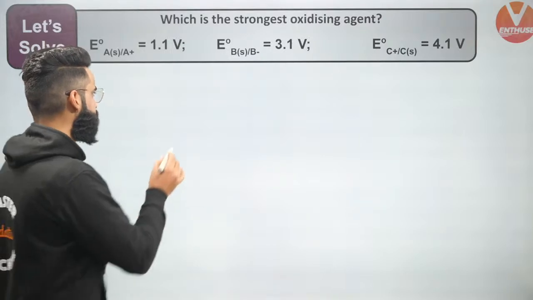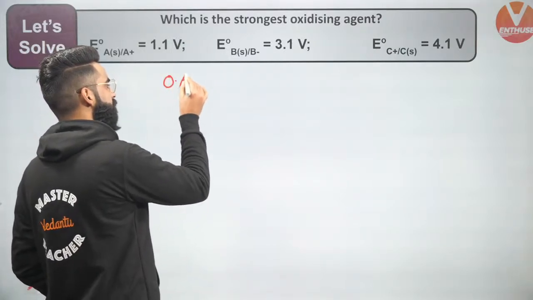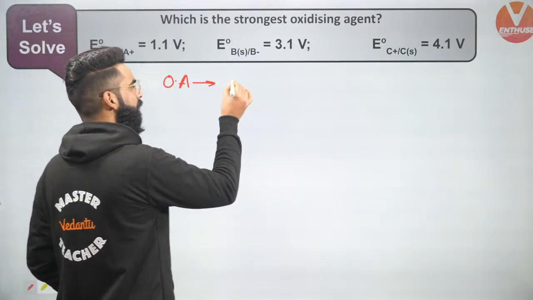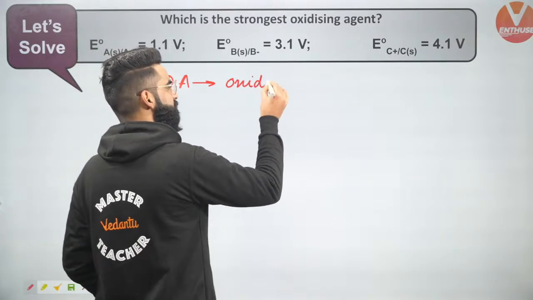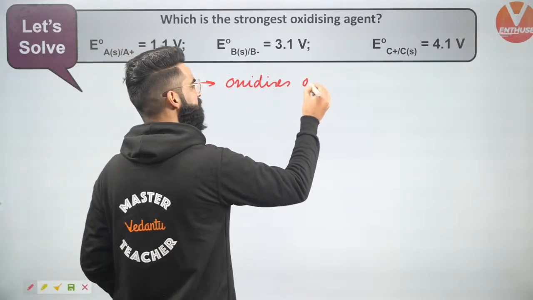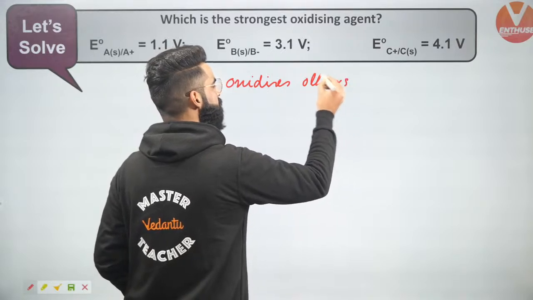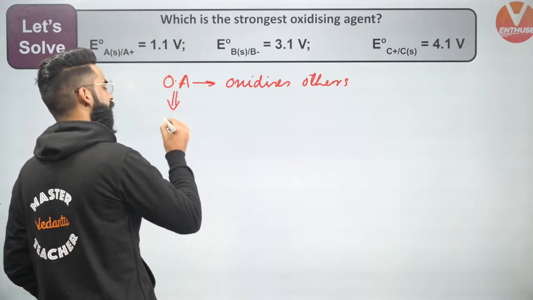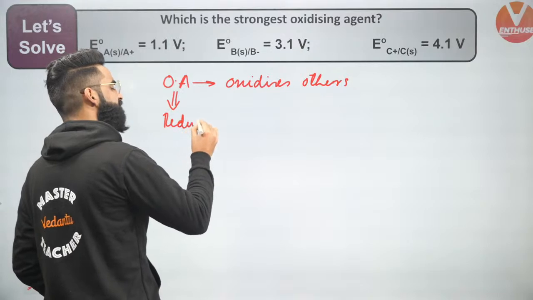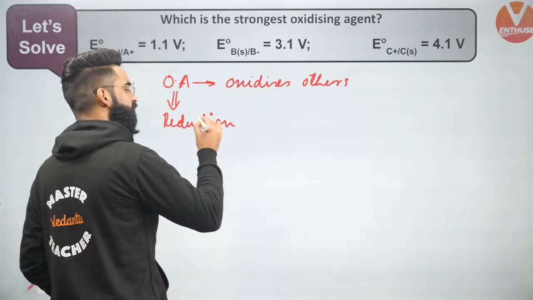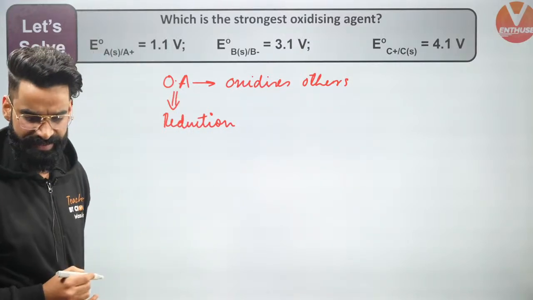So first of all, what is an oxidizing agent all about? An oxidizing agent is the one which oxidizes others, but itself undergoes reduction. So that substance which itself undergoes reduction is what we call an oxidizing agent.